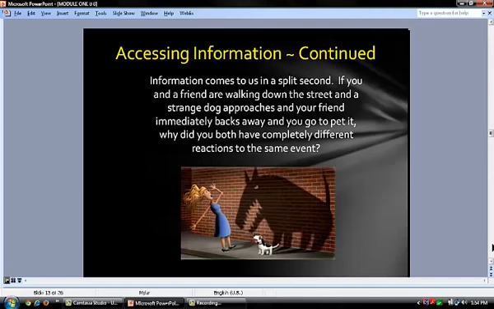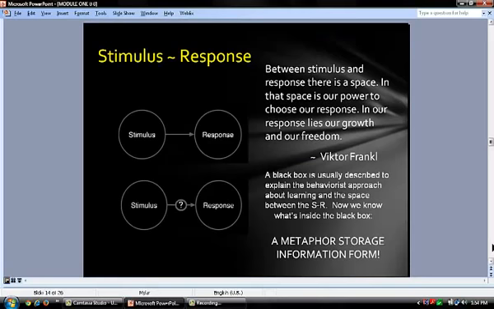From a behaviorist point of view, the stimulus is the dog, the response is to pet it or walk back away. And in behaviorism, the black box is the unknown factor that determines or directly influences our response.